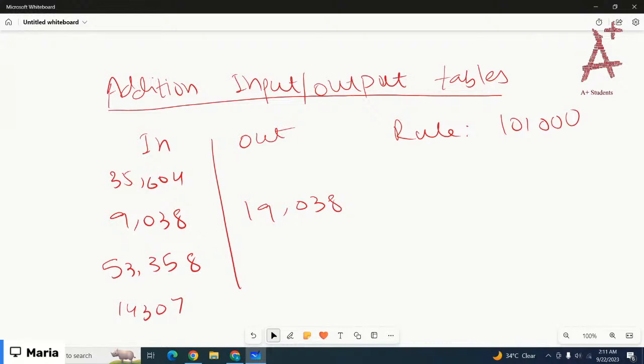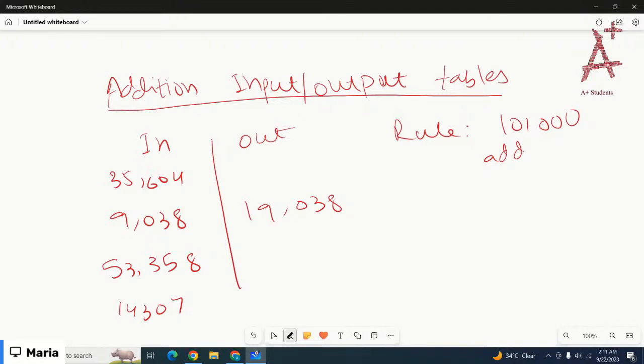How do you find the output values? Whenever you are working on input output tables and you're given a rule, the rule here is add 10,000. That means you have to add 10,000 to each input value to get the output value, right?